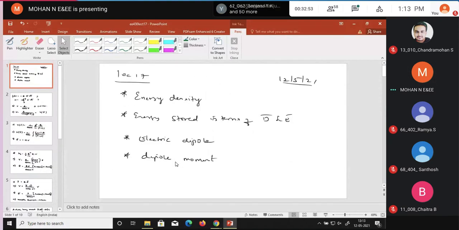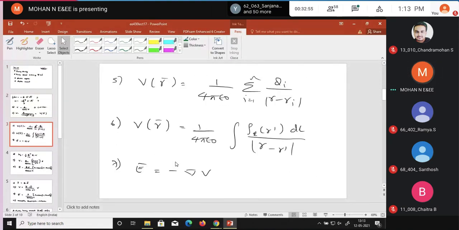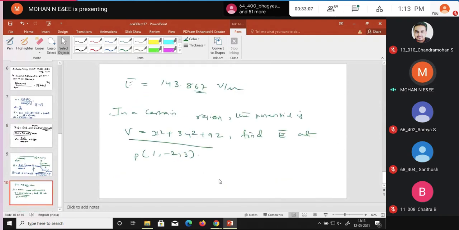Yes, this is what we have discussed. The seventh equation here: E vector is equal to negative of the gradient of V. That you can use.